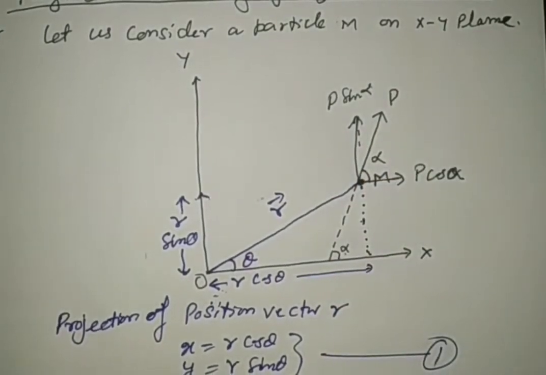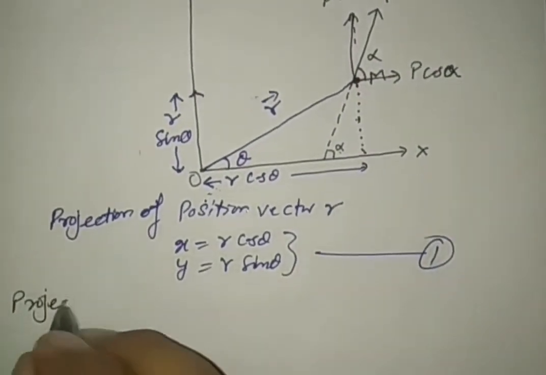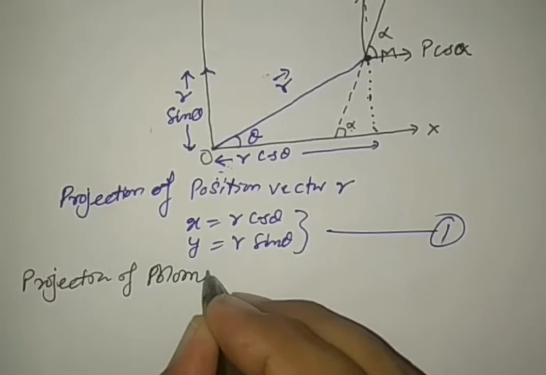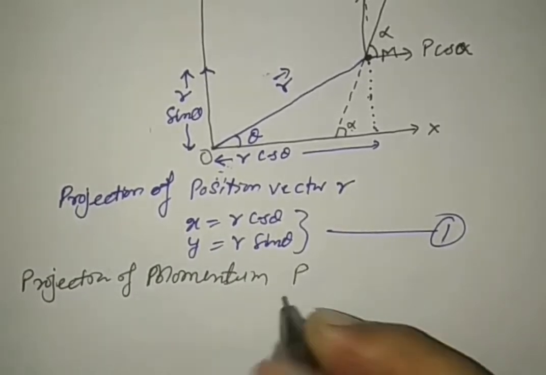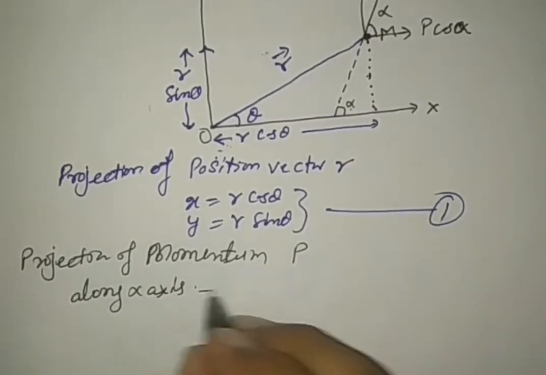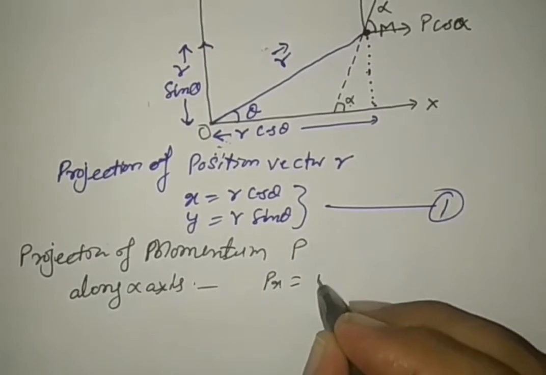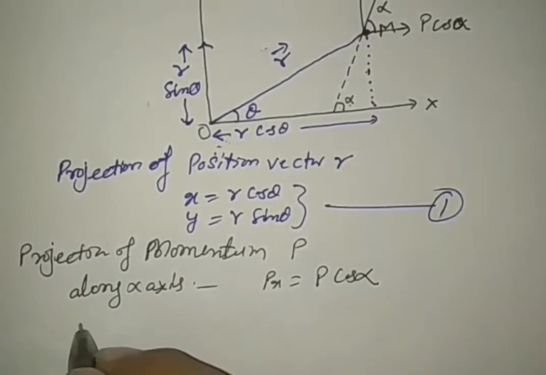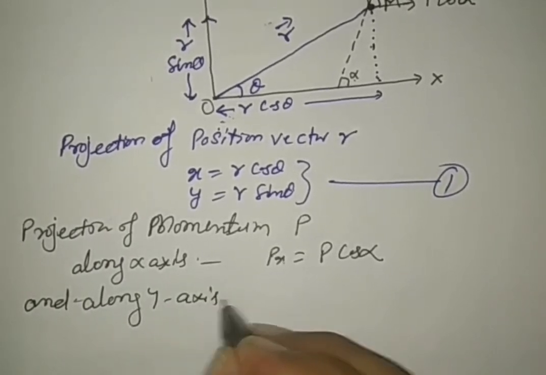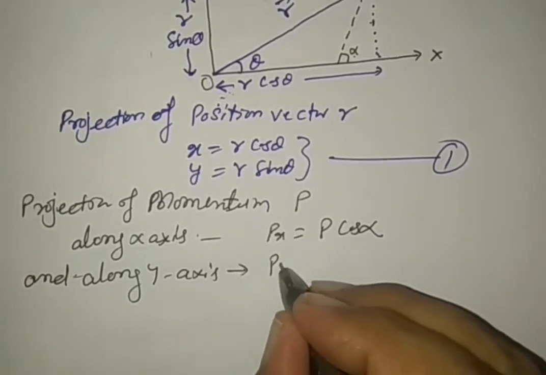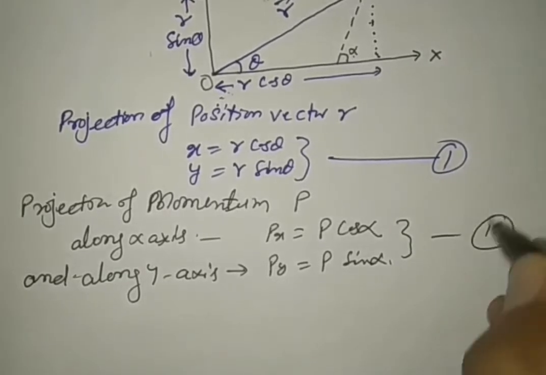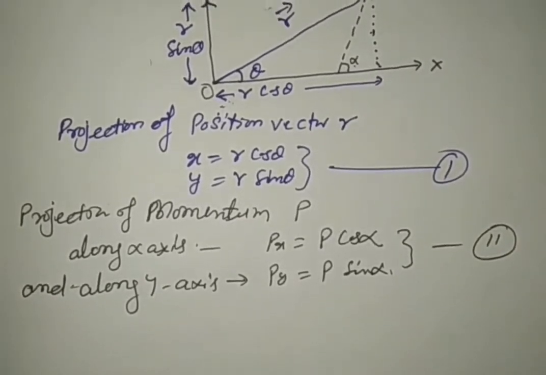So the projection of momentum p along the x-axis is px equals p cos alpha, and along the y-axis py equals p sin alpha. It is also represented by this group as equation 2.